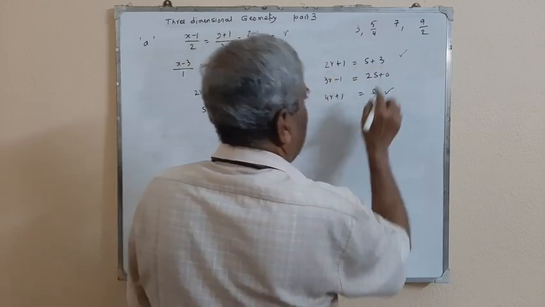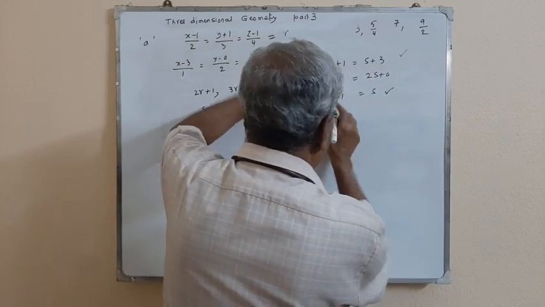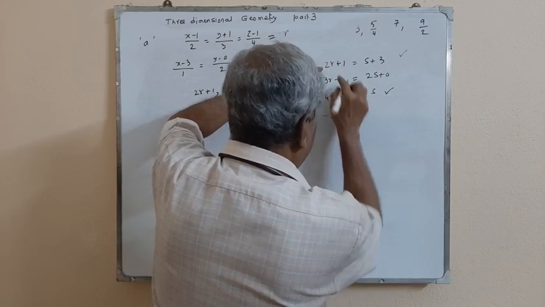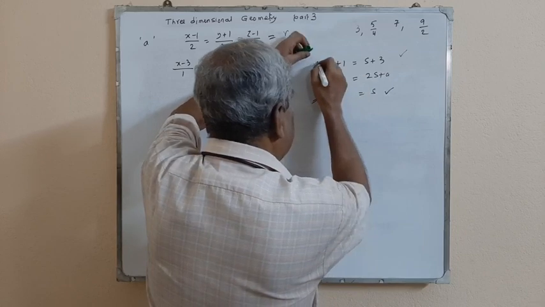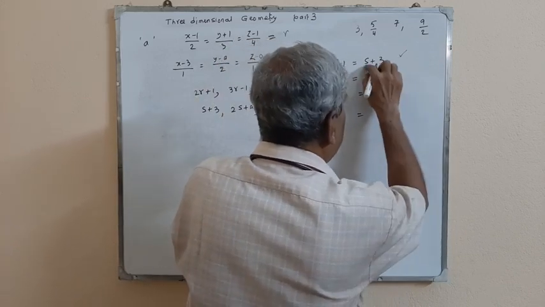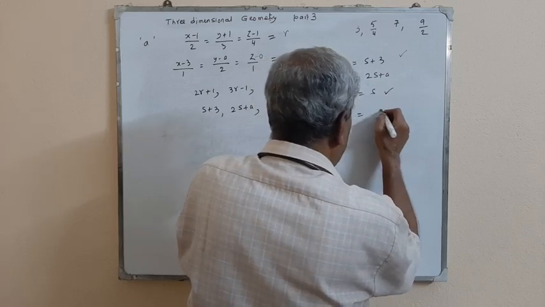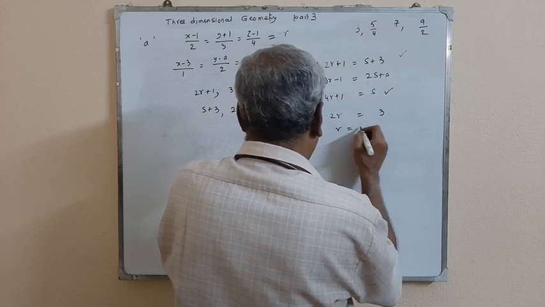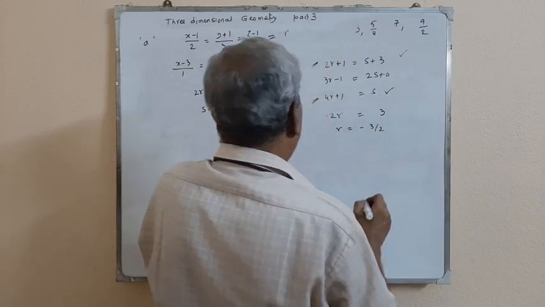Now, solving this and that, by subtracting this minus that, minus 2r, 1 cancels, is equal to this minus this, 0, so 3. So actually r is equal to minus 3 by 2.